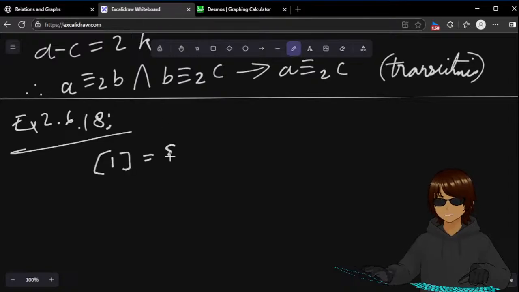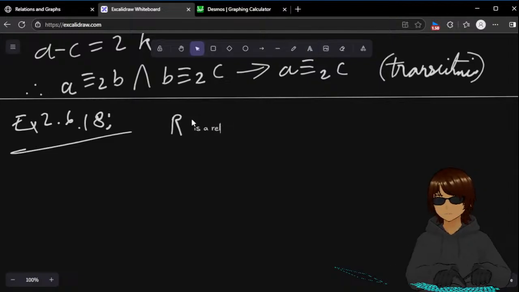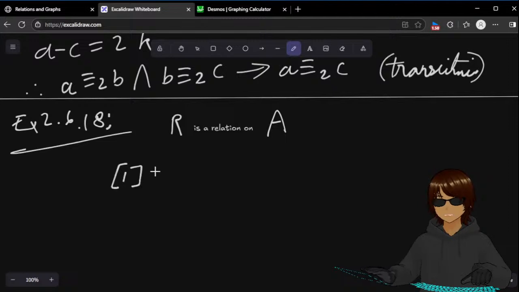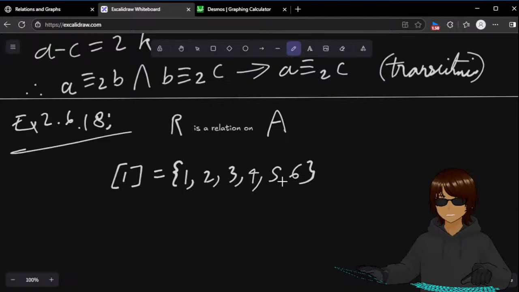For 1, we have all the sets. So R is a relation on A. The relation class of 1 is 1 itself, 3, 4, 5, 6.